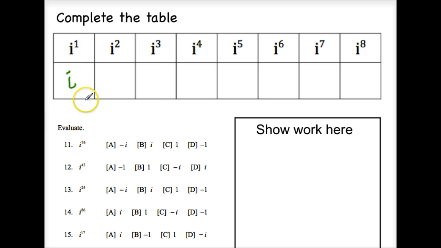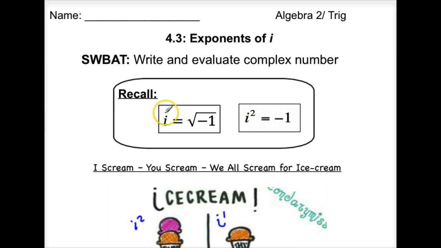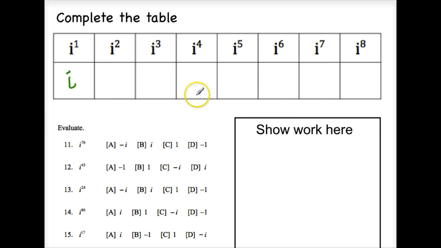So this becomes i. Just like what we said previously, i is equal to the square root of -1, and we said i squared is -1. So here we go with -1. i to the third power, we said in our previous example, was -i. And i to the fourth power is 1.